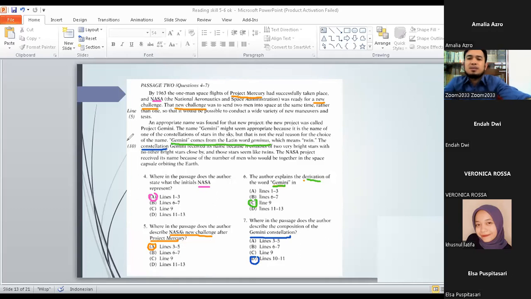Yeah. So this is very simple, but you need to be careful. Yeah, you need to be careful in answering the questions. Yeah, make sure that all of the questions are correct. Okay, jangan sampai salah karena setiap soal itu adalah poin buat kalian.